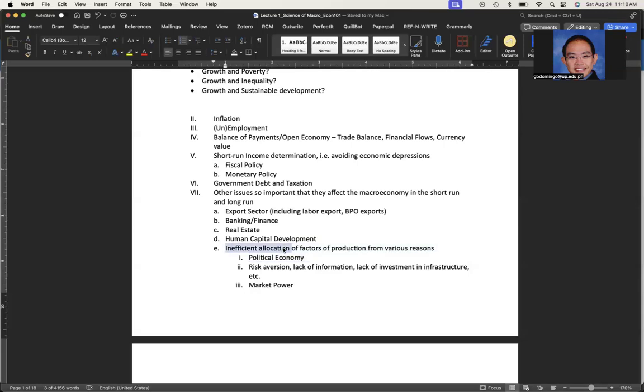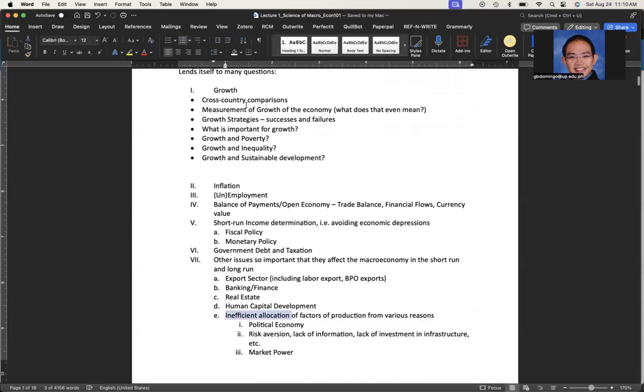And this can happen through political economy, risk aversion, lack of information, lack of public investment in infrastructure, or market power. So all of these factors can create this inefficient allocation of factors of production and can affect not just long-run growth up here, which is very important. It can also affect the short-run determination of income, and it would have business cycle effects as well.